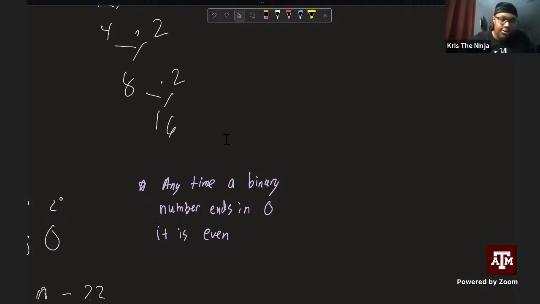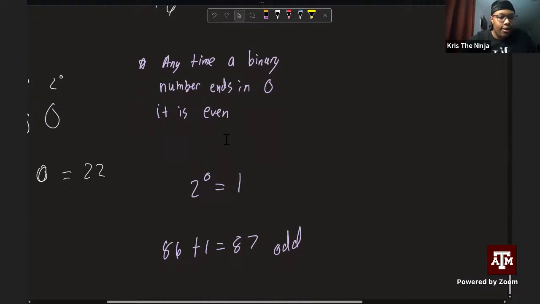But to break it down to the second most simple stage, 2 to the 0 is 1. Anything raised to the 0 power is 1. So if you add 1 to any even number, so let's say I have 86 plus 1, 87, that is now an odd number.